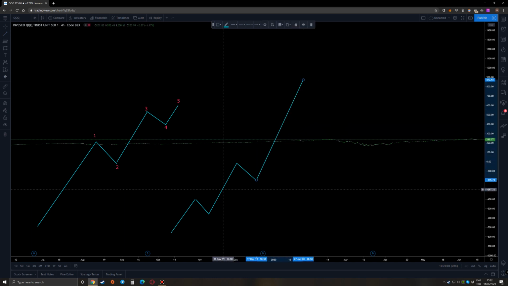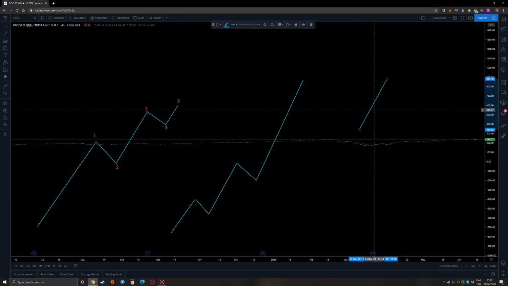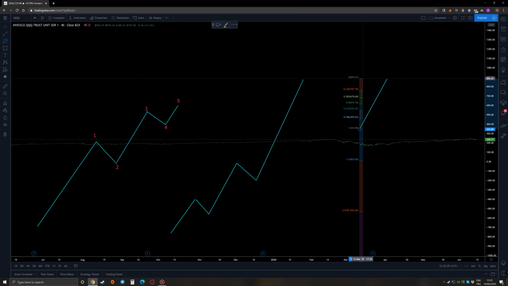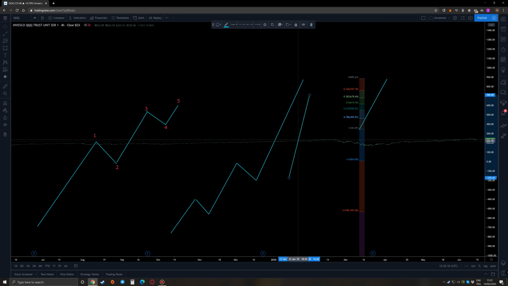Now what should we do? Well, we take our second largest wave, which has to be the third wave, and we take 161.8 out of it, and we put it where this fourth wave has ended, which is here.